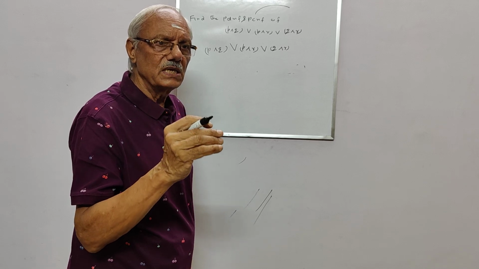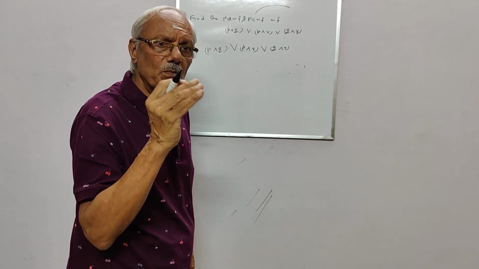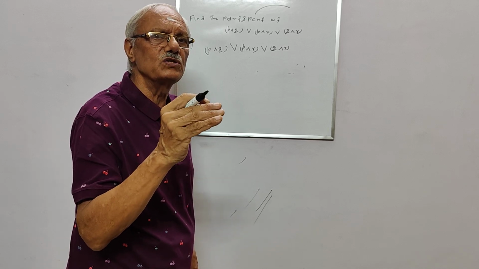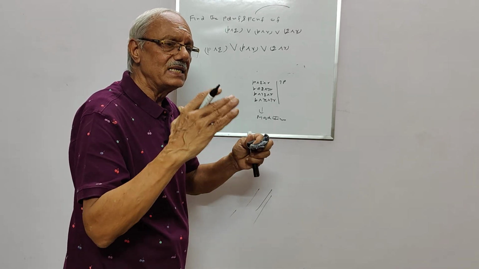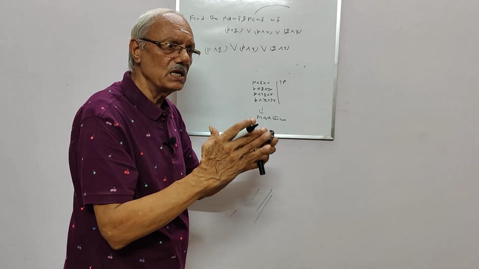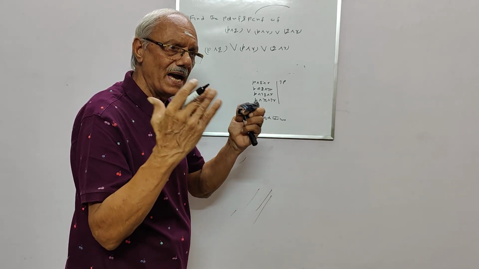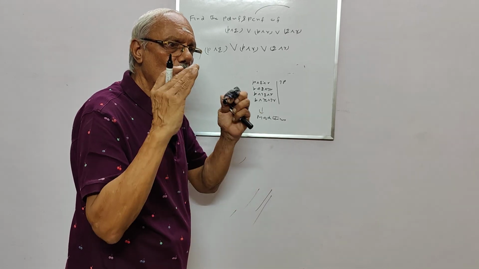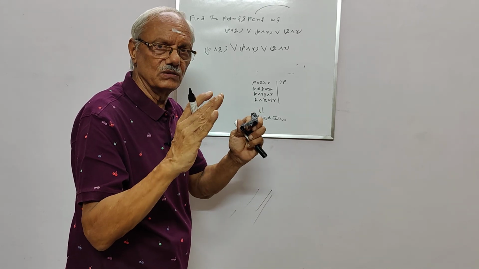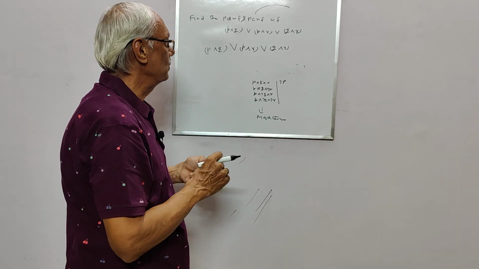If there are 3 variables, the number of max and min terms would be 8. You are going to express it as a disjunction of the min terms, and always bear in mind that there can be at the maximum only 8 terms. Can you understand? Now let us start.